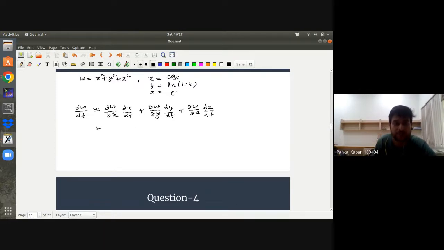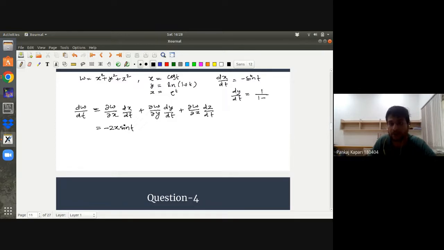So what are these things? What is the derivative of w with respect to x? We treat y and z as constant, so you find the derivative of x squared, which is 2x. What is dx by dt? x is cos t, so dx by dt is minus sin t. What is the derivative of w with respect to y? It's 2y. And what is dy by dt?